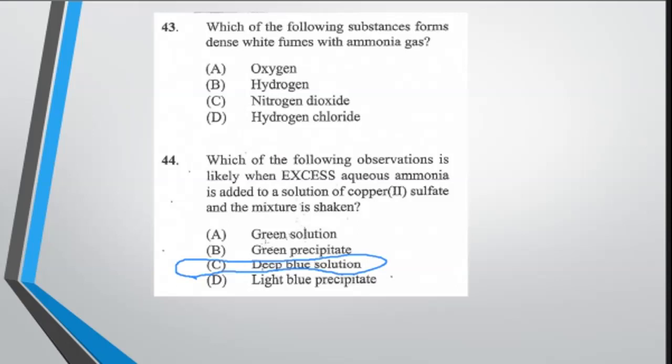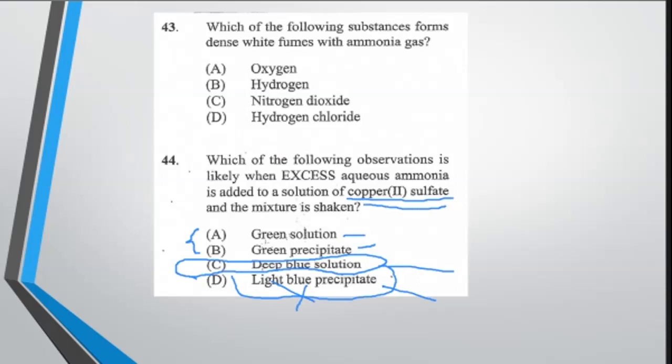So anything that is green will not be an answer because copper sulfate is blue in color. You're not going to get a green solution or a green precipitate. You would either get a deep blue solution or a light blue precipitate. The light blue precipitate would have been when you add sodium hydroxide, but we did not add sodium hydroxide.